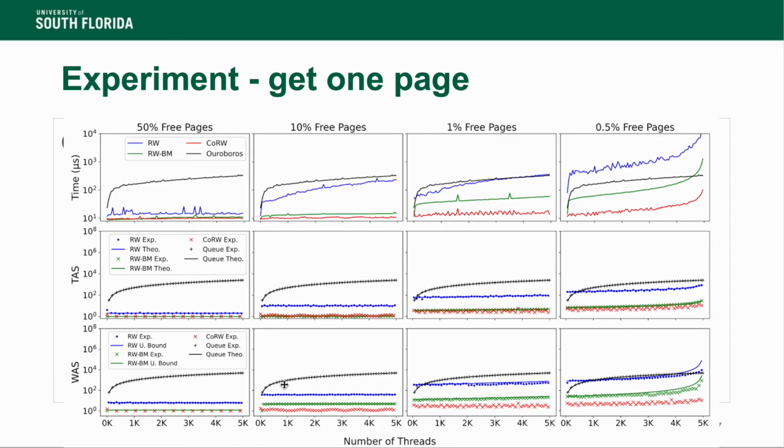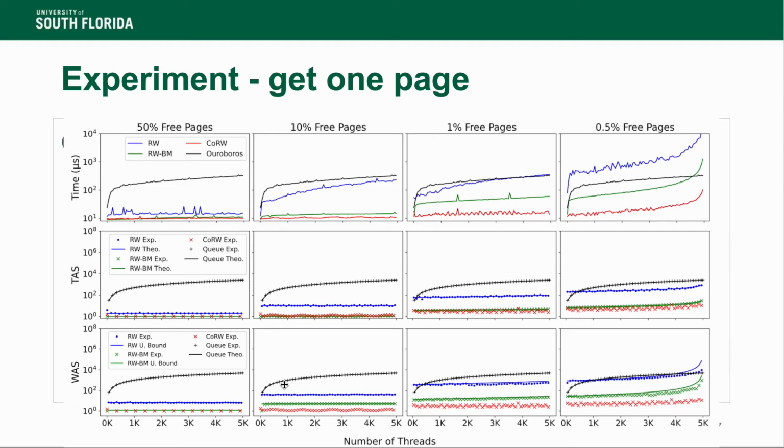When there are less than 1% free pages, the advantage of our method starts decreasing, but collaborative random walk still outperforms Ouroboros by a large margin. The results from the second and third rows confirm the validity of our theoretical results.